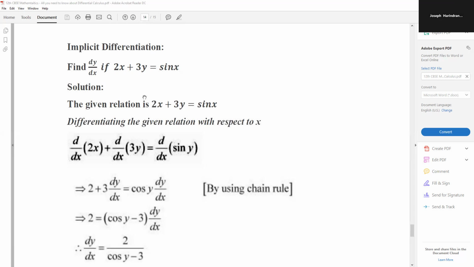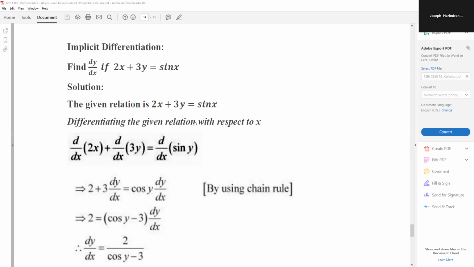So we will do this implicitly, that is by differentiating each term on both sides separately. Differentiating the given relation with respect to x, we get d by dx of 2x plus d by dx of 3y is equal to d by dx of sine y.